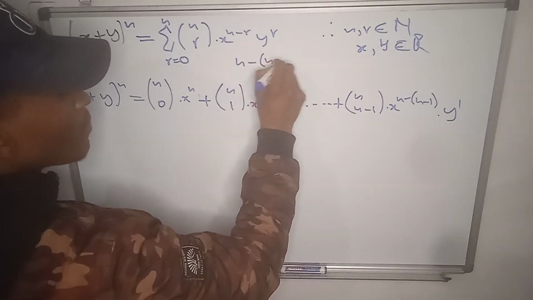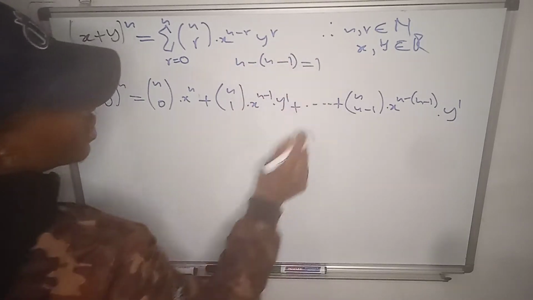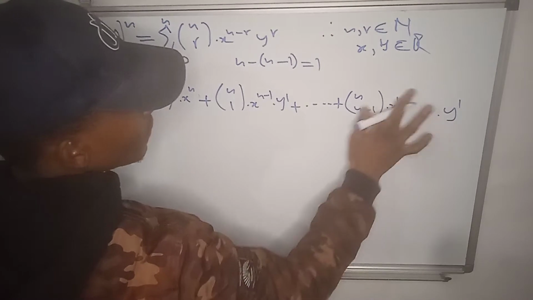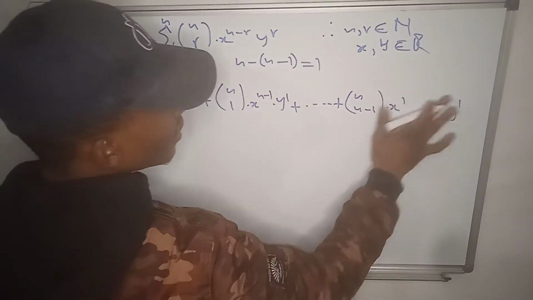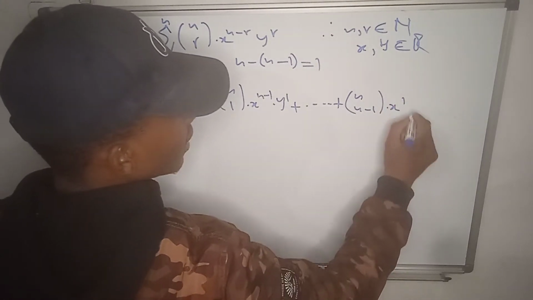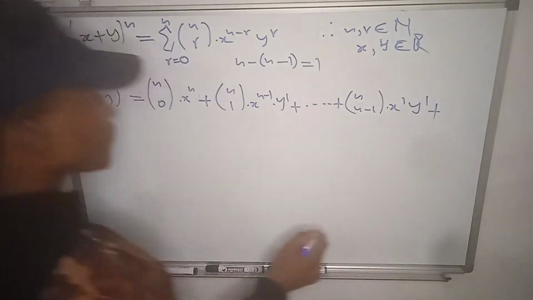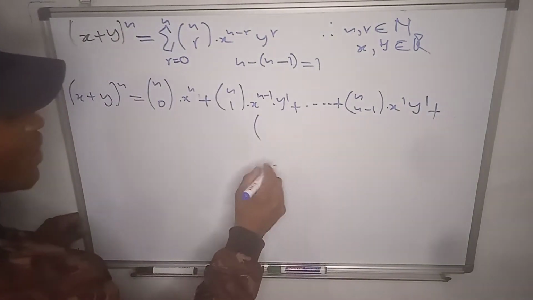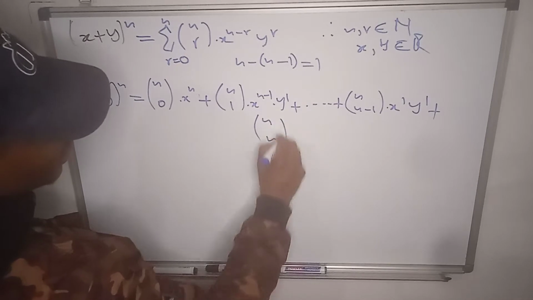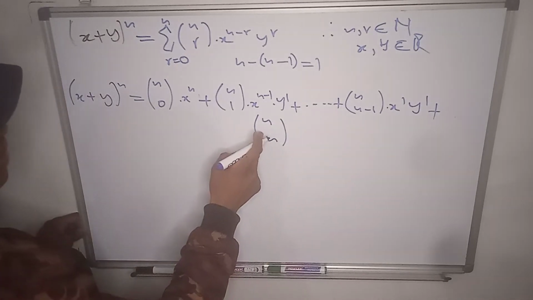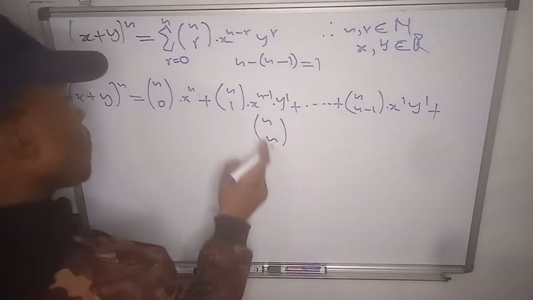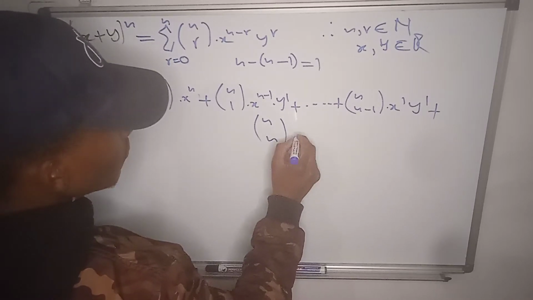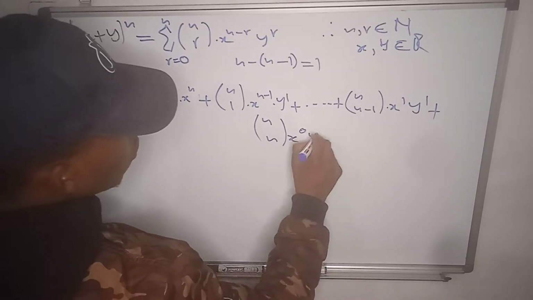So my x here will be 1 and my y will also be 1, plus this will be n, and we have reached n right now. We have added until we reach n. So this will be x to the power 0, y to the power n.